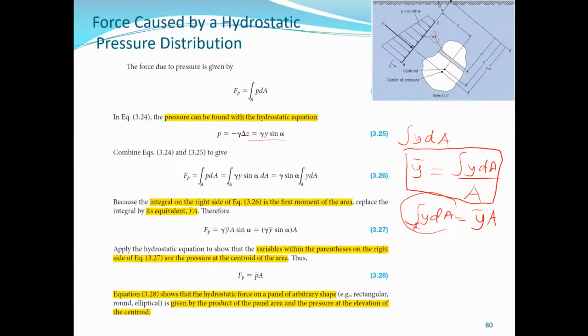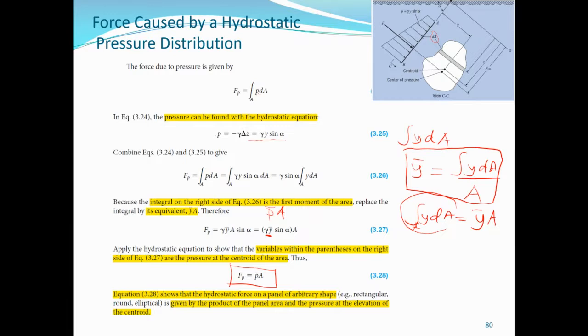And we rearrange. This is simply the average pressure, the centroidal pressure acting at the centroid, because of this y bar, and this is the area. So we have the hydrostatic force equal to the pressure at the centroid of the area times the area.